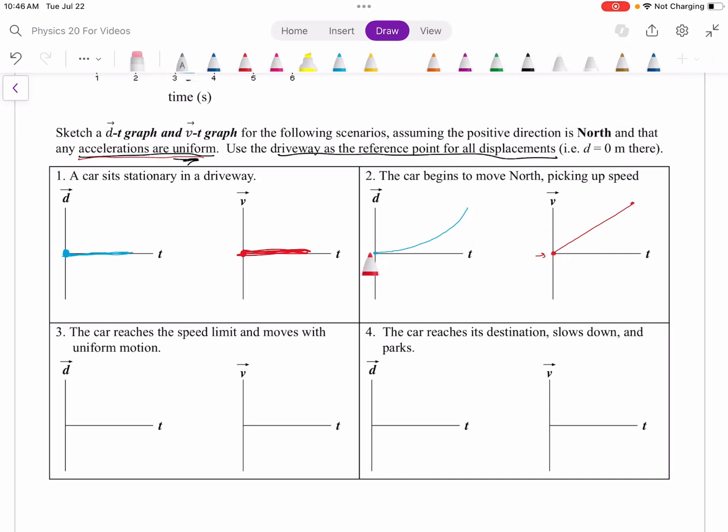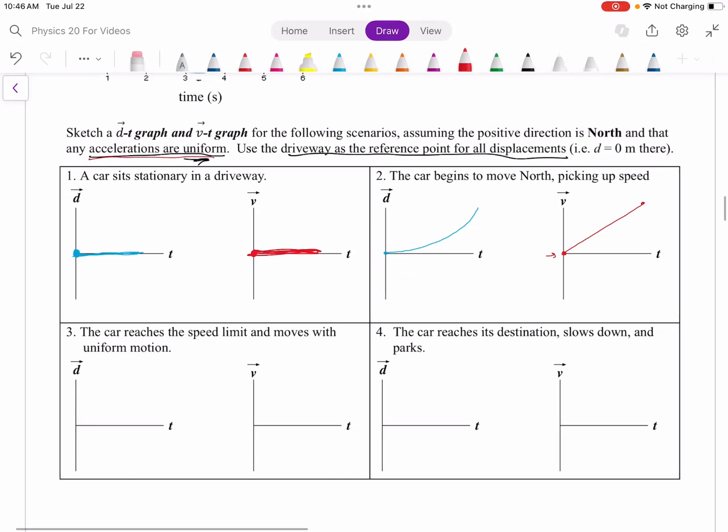A slope that starts at 0 becomes a positive slope that gets steeper and steeper. Well, here for our y value, it starts at 0, then becomes a positive y value that gets larger and larger. The y value of this is just doing what the slope of this was doing. Makes sense because the slope of this graph would be the velocity, and that's what's on the y-axis of this graph.